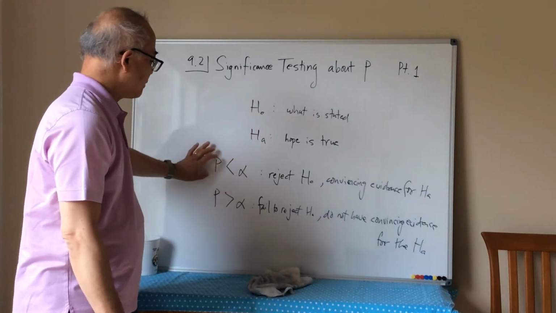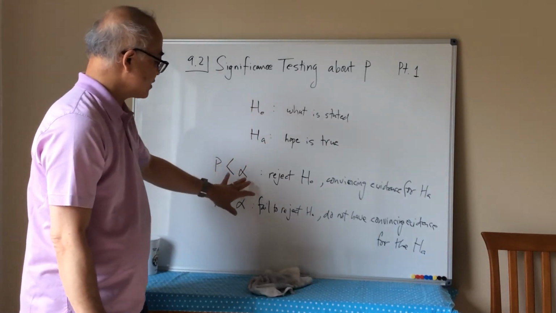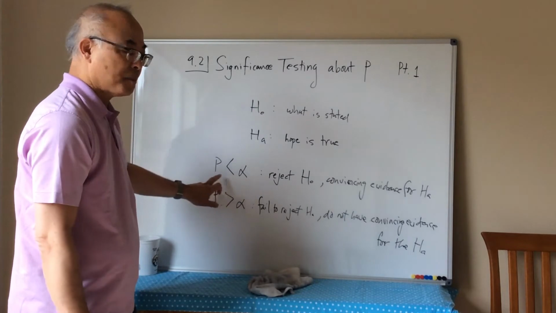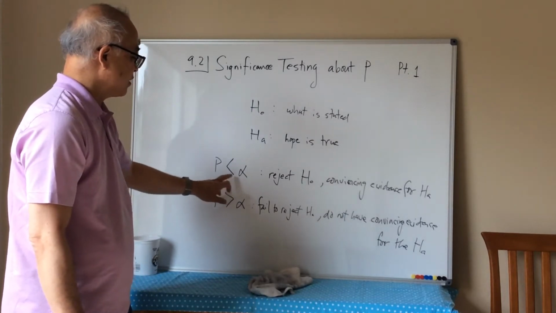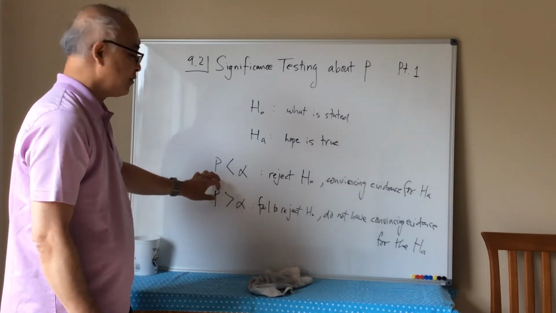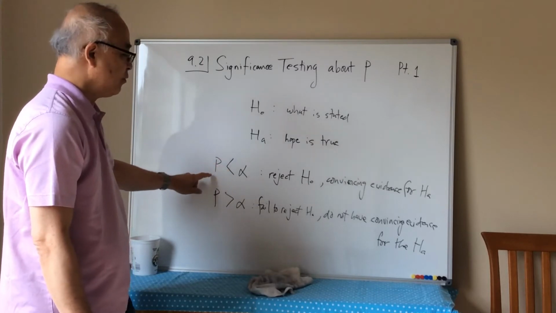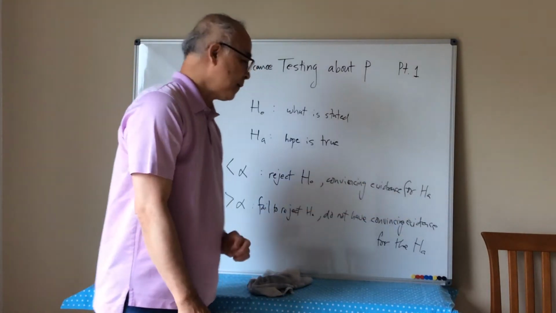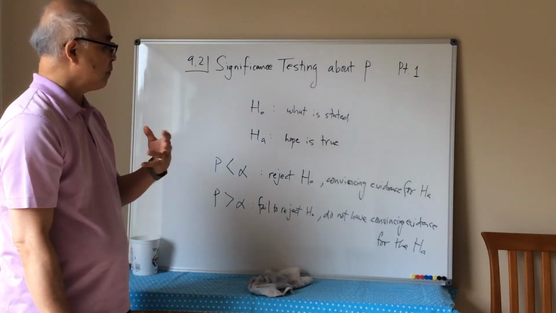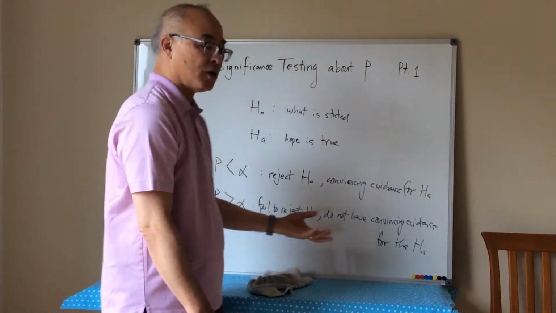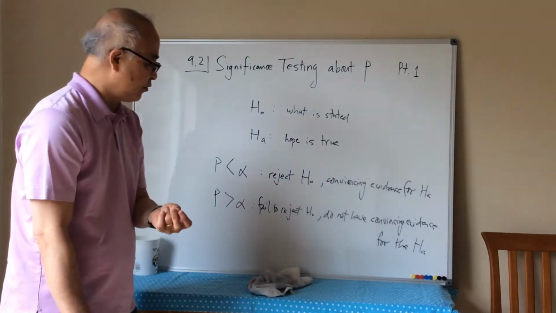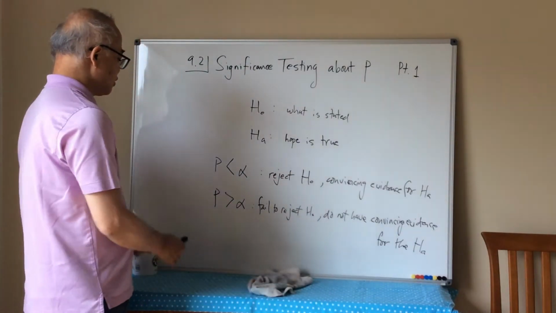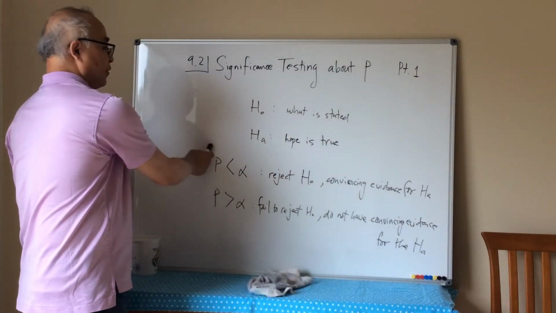Okay, so we compare the p-value and alpha, and we would like to have a small p-value so that we can reject the Ho and say we have convincing evidence for the Ha. Okay? So basically everything's all set up for us, right? The only thing that we do not know how to do here is to calculate the p-value, right?